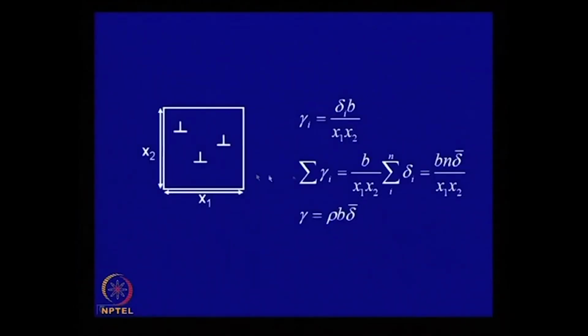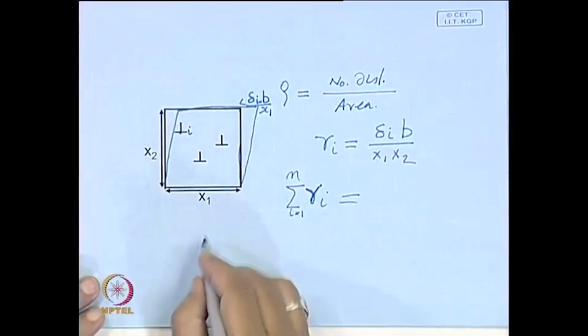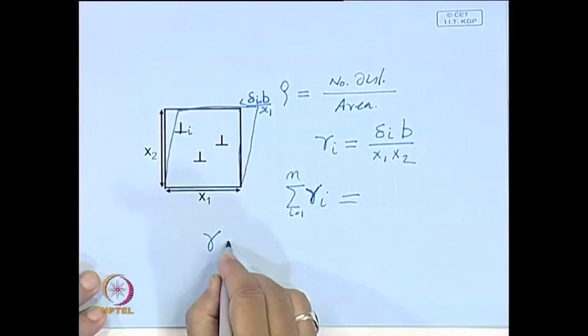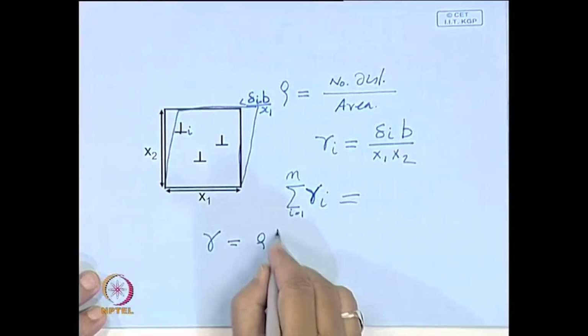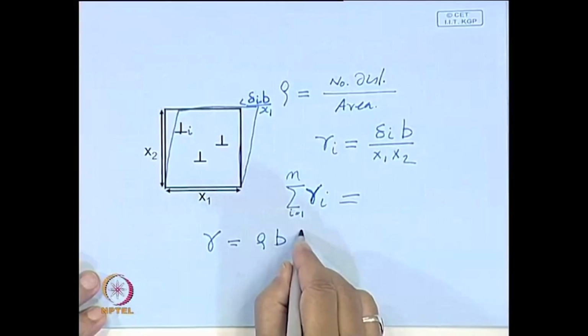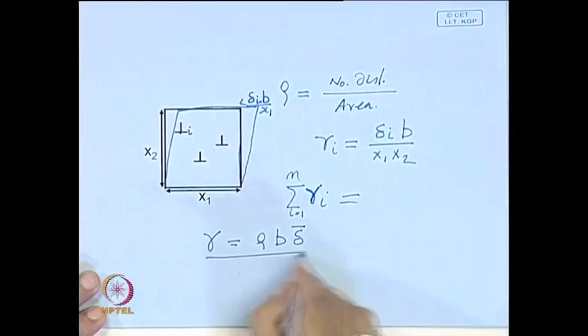If we say that the average distance a dislocation can move is delta bar, and the number of dislocations over the area is the density, then we can say that total shear strain is equal to rho b times the average distance a dislocation moves.